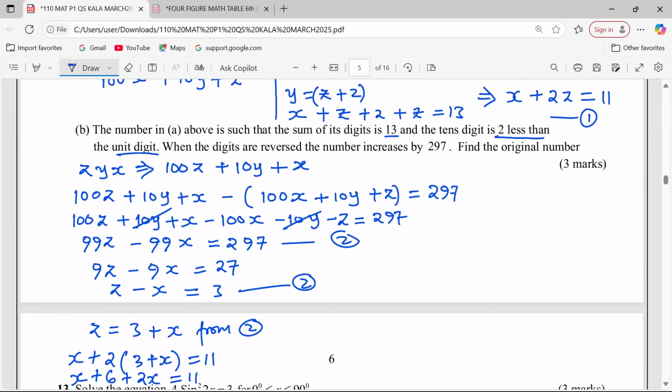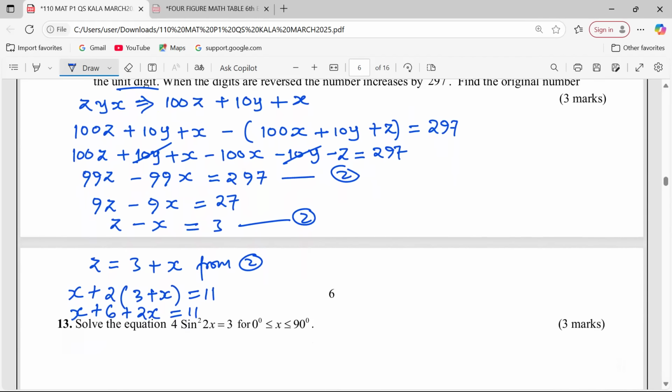Because if I proceed here, I'll be having 3X equal to 5, and we can now not get a digit here. They are supposed to be digits.